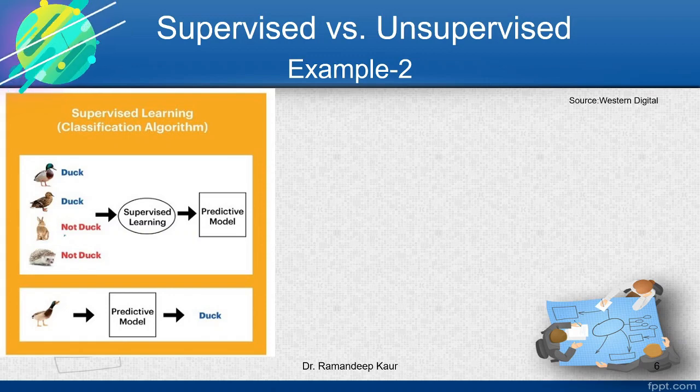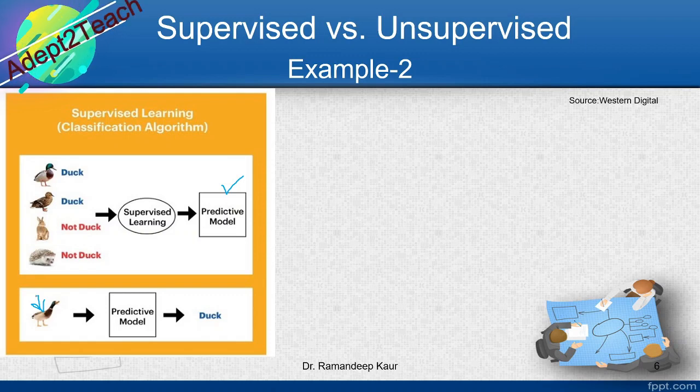Based on that, we have given the feed to the system whether a particular organism is a duck or not a duck. Initially we have given the training set to the system. We have made the system learn on what shapes and features to categorize whether it is a duck or not a duck. Based on that, a predictive model is decided. Now a new organism comes up, a new test data, let's say unknown data, is given to the system.